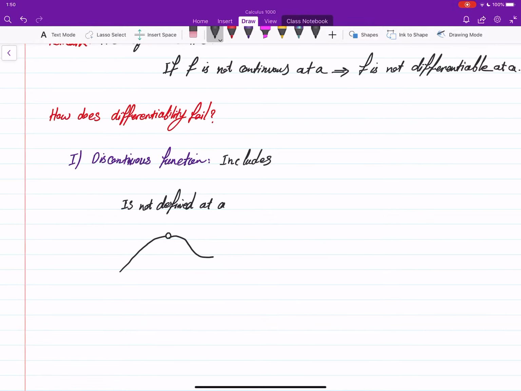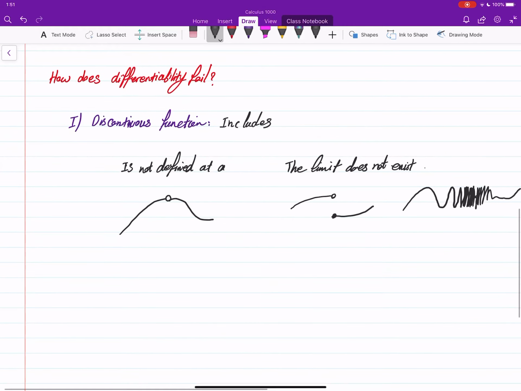Or it is defined, but the limit does not exist. Something like the left limit is not equal to the right limit, or the oscillatory case in which the limit does not exist, something like sine of 1 over x. Or one-sided limit exists, the other one doesn't, and all these things.